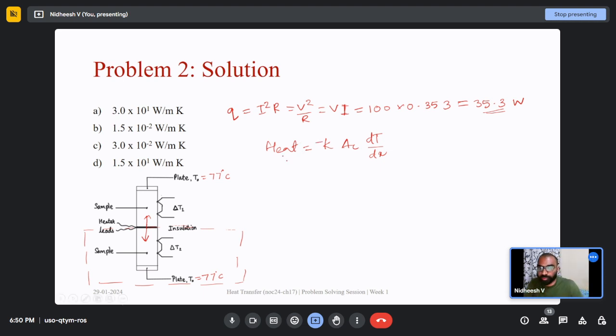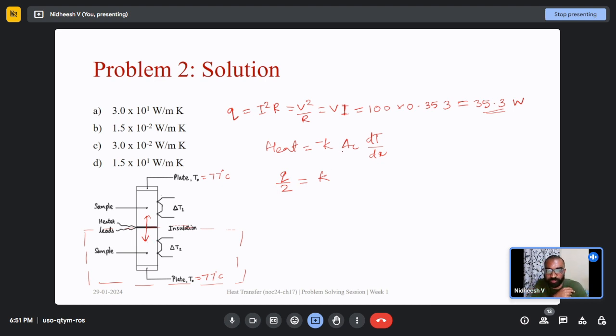In this case, the heat that we are interested in is not the complete Q, it is Q by 2, because half the heat is being transferred to the sample above and half to the sample below. And this minus quantity, we will come back to this later. K is the thermal conductivity of the material, right?